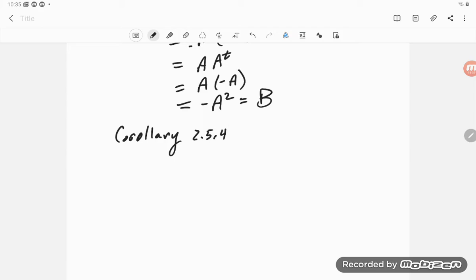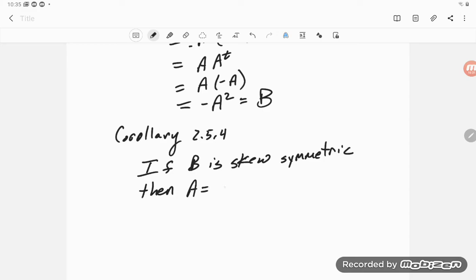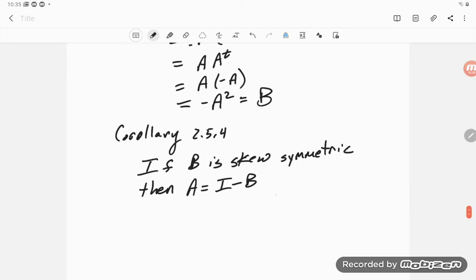And this is kind of interesting: if B is skew symmetric, then A equal to the identity minus B is non-singular.